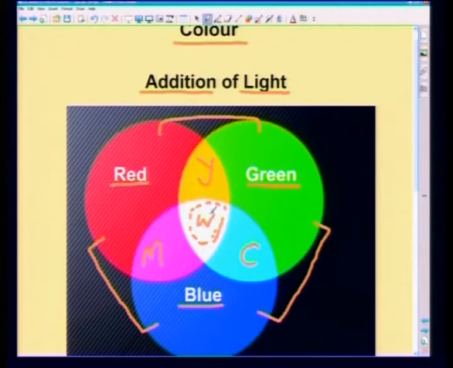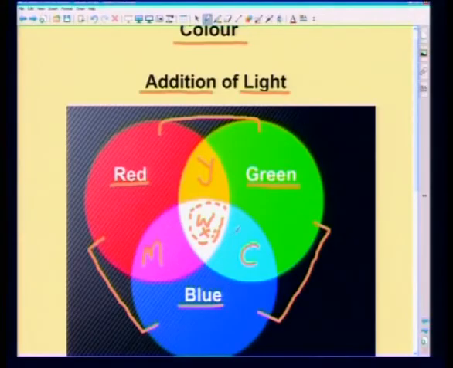We have white color. Now, remember what I said about primary colors. We call them primary colors because when you add the three of them, you go to a white color of light.